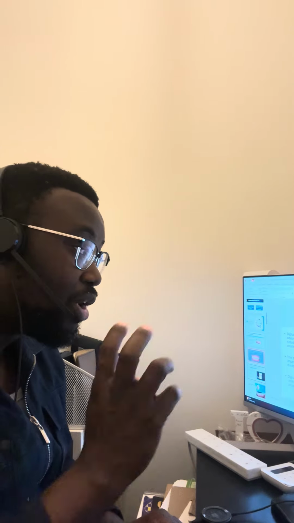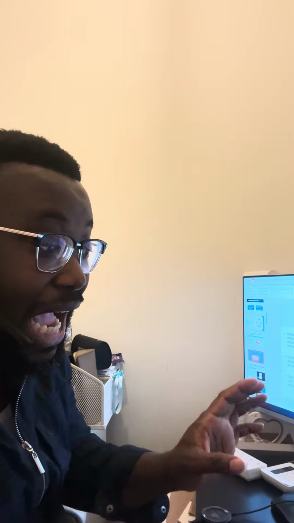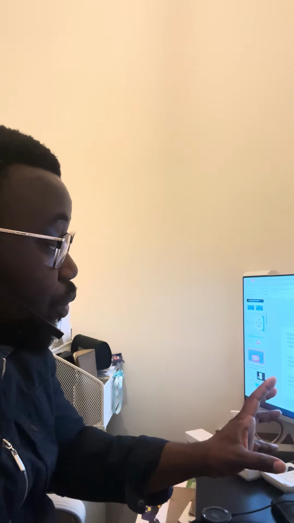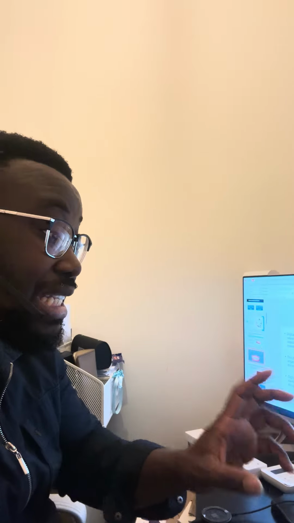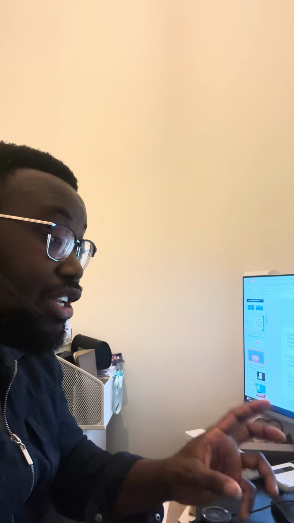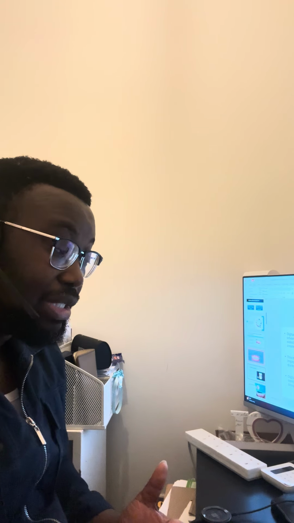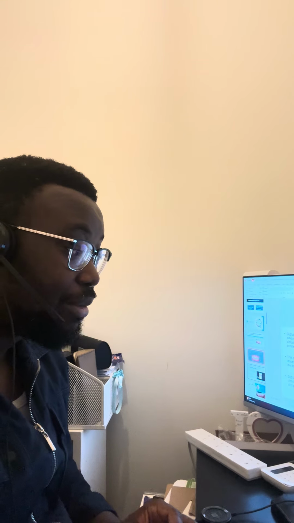So one of the advantages of the CAD/CAM system is that you can reduce your chairside time to a very minimal time spent on producing one single denture at a time.